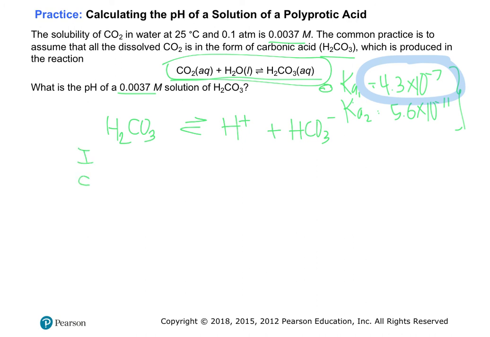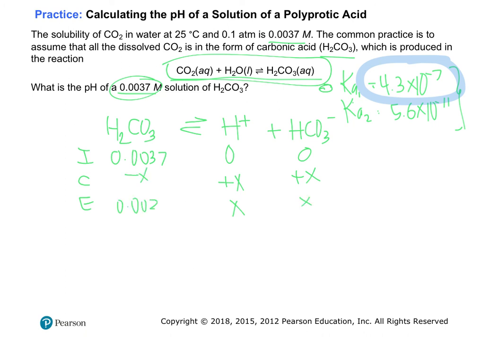So we're going to use our ice table. We know from our equation that we have an initial concentration of 3.7 times 10 to the negative third molar of carbonic acid, and at first that doesn't have any dissociation. Initially, it's going to increase those concentrations by x and decrease that by x.